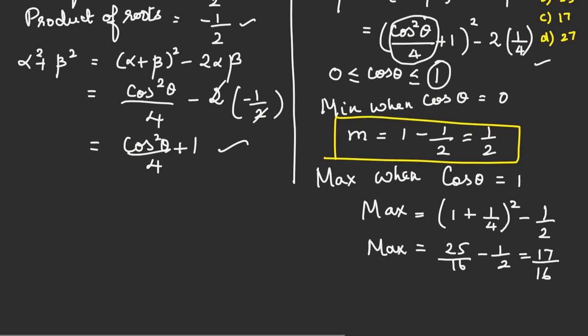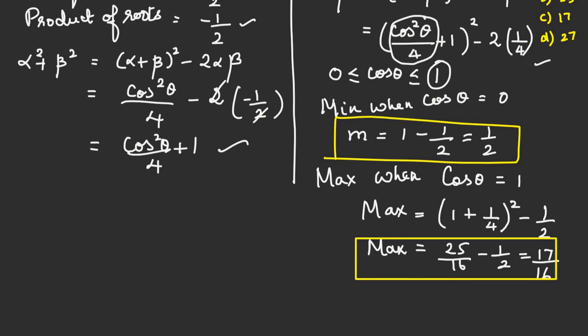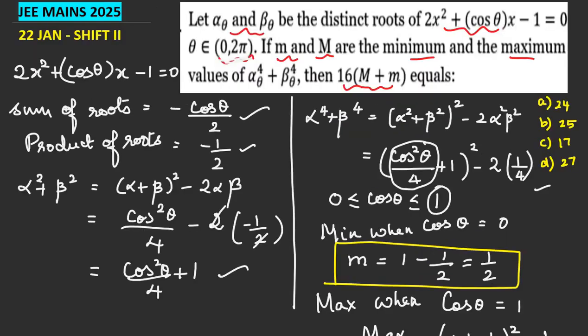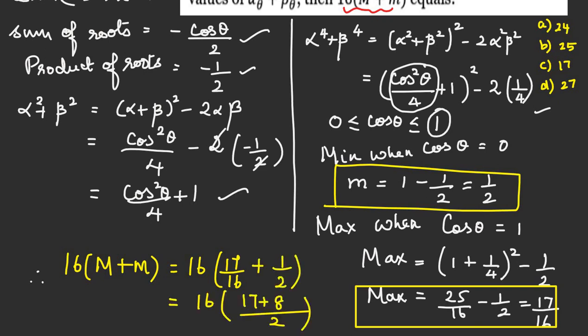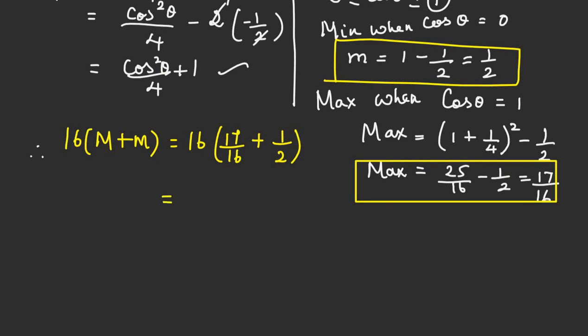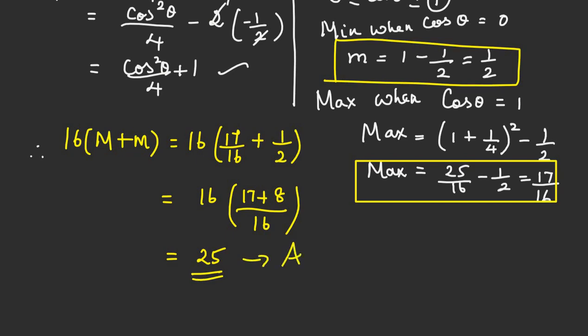Now the question is to find 16 times the maximum plus the minimum. Therefore, 16 times the maximum plus the minimum gives us 16 × 17/16 + the minimum value 1/2, which is equal to 17 + 8, which gives us 25. And this is the answer.